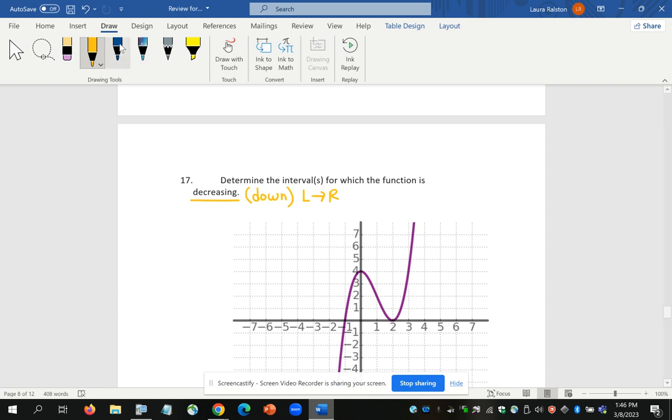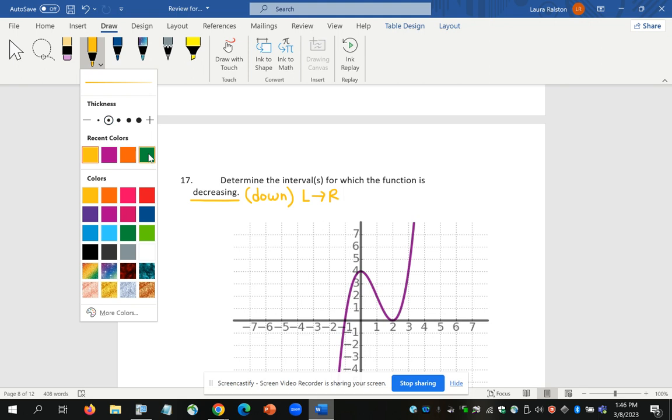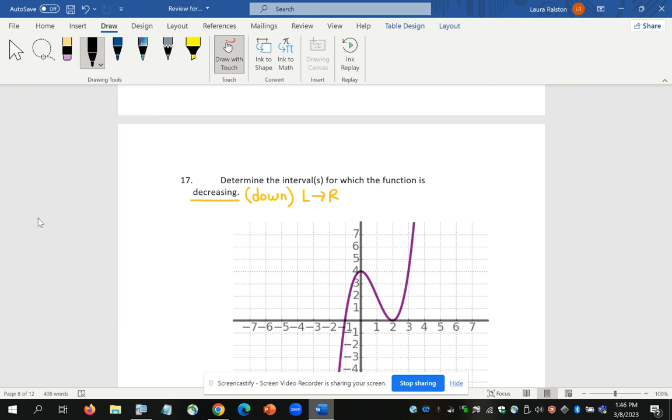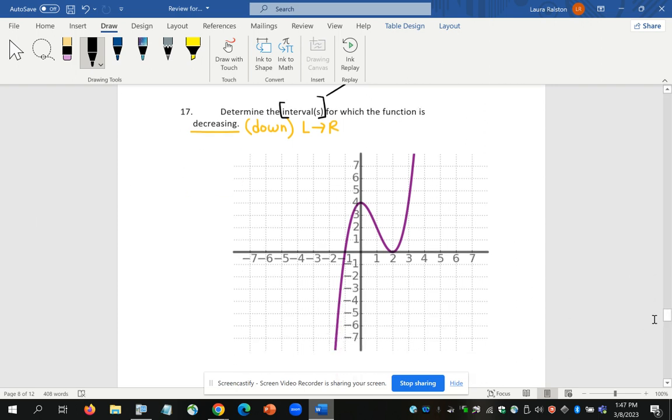In terms of deciding where a graph decreases or increases, it says determine the interval. The interval is always stated in terms of the x values. Again, we always read a graph left to right.